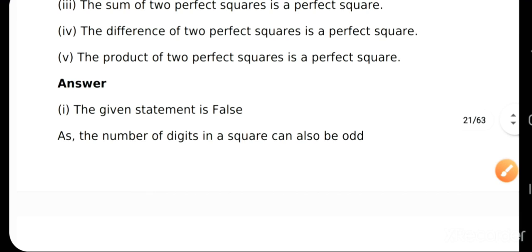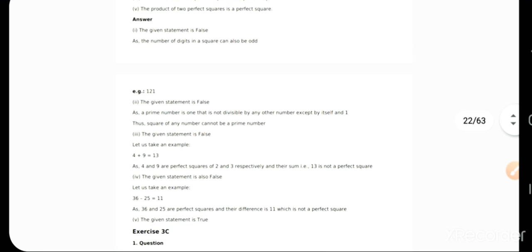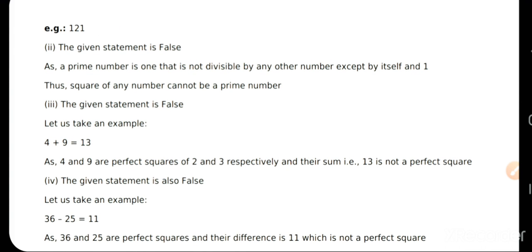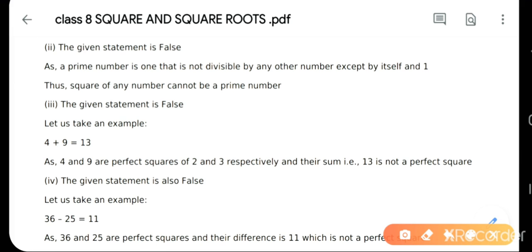The difference of two perfect squares is a perfect square. Question number 3. Let's take the example of 4 and 9, which are perfect squares.